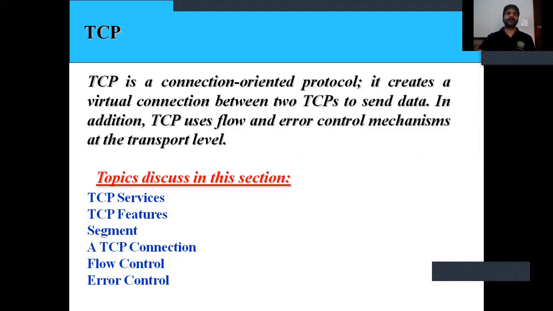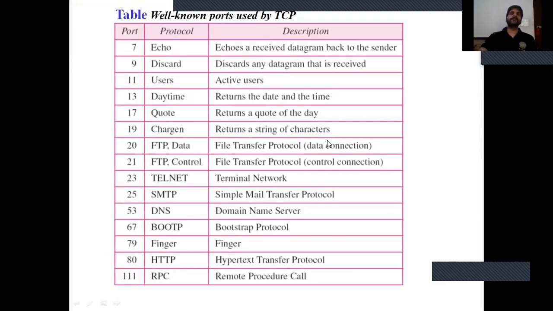The following topics are discussed in this video lecture: TCP services, TCP features, segments, how to establish the connection between TCPs, flow control and error control. First, some well-known ports used in TCP are described in the table.